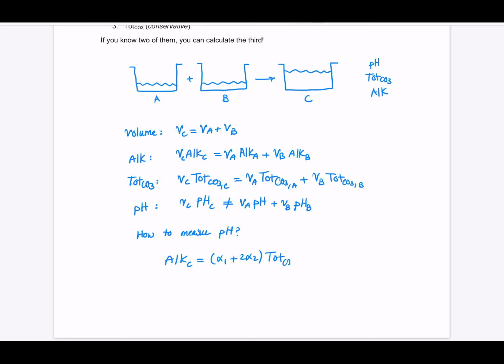The total CO3 of C plus OH minus of C minus H plus of C. So basically this term is known. These are known based on what we have here.